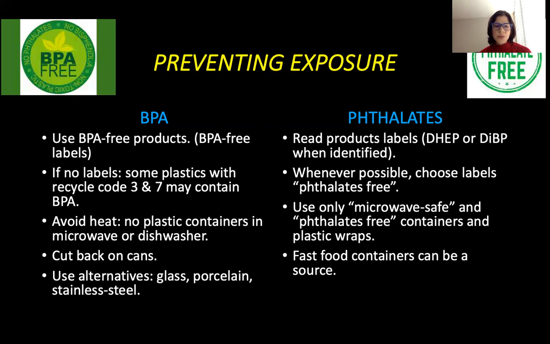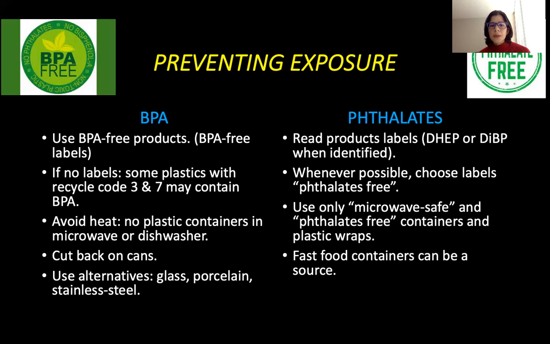We need to avoid heating plastic containers, so avoid putting them in the microwave or the dishwasher. Cut back on the use of cans, especially when storing food, and look for alternatives like glass, porcelain, or stainless steel.